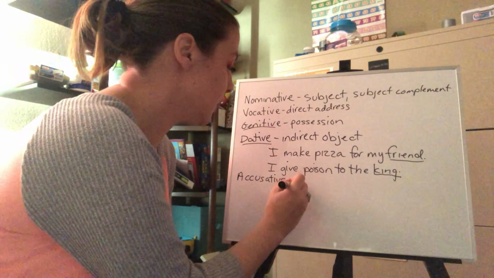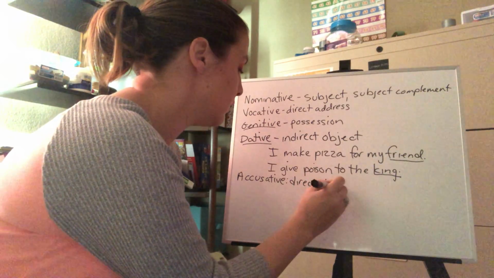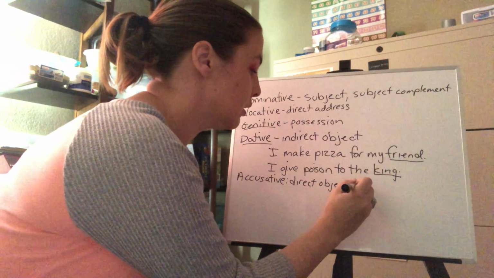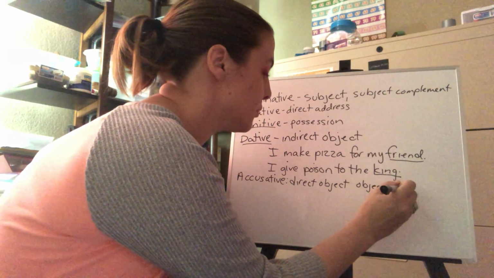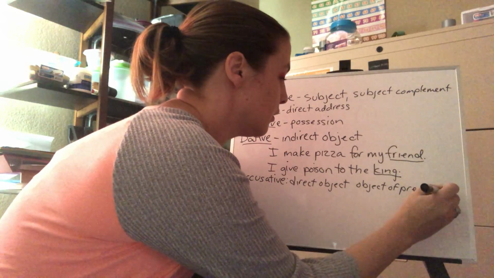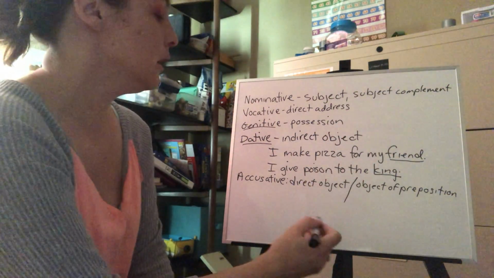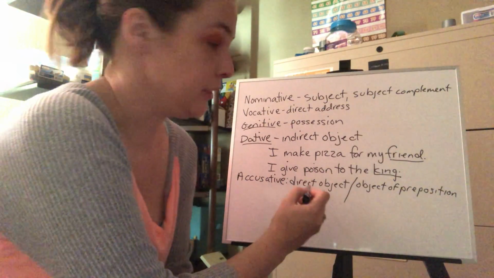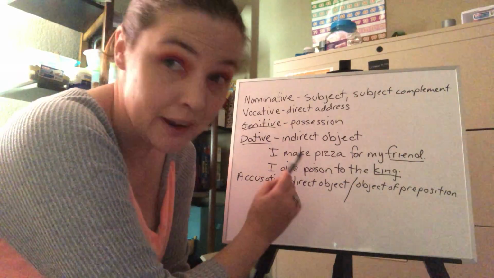This is for direct objects or object of a preposition. Okay? So, direct objects. Let's look at our sentences up above and talk about what the direct object is.